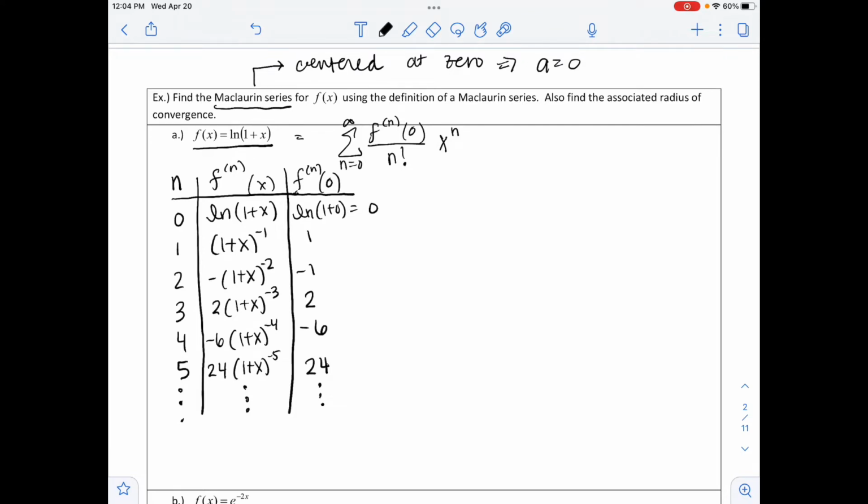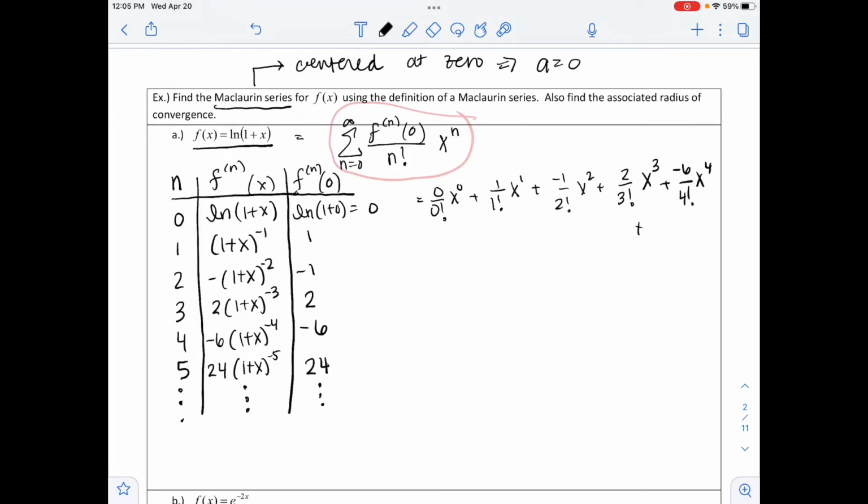So now taking what we have and expanding this, our first term is going to be 0 over 0 factorial times x to the 0, plus our next term is going to be 1 over 1 factorial x to the first, plus the third term is negative 1 over 2 factorial x to the second, plus the next term is going to be 2 over 3 factorial x to the third, plus the next term would be negative 6 over 4 factorial x to the 4th.